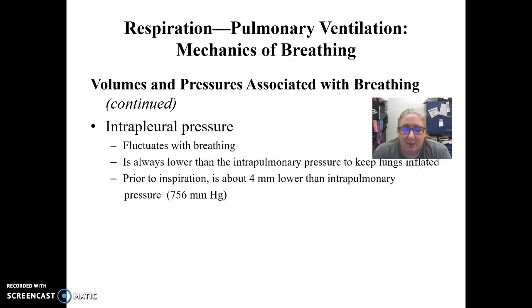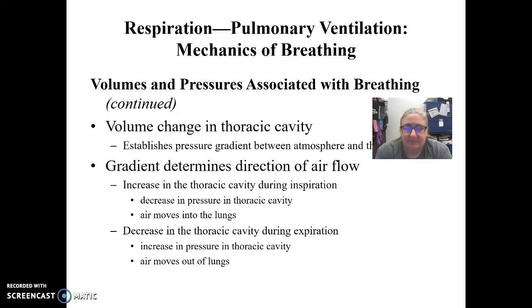And then we have intrapleural pressure, which is the pressure within the pleural membrane. As the volume of our thoracic cavity changes, it causes pressure in our thoracic cavity to also change. If we increase the thoracic cavity size, we decrease the pressure, and then air from the atmosphere can move in because it's always going to move down its pressure gradient.